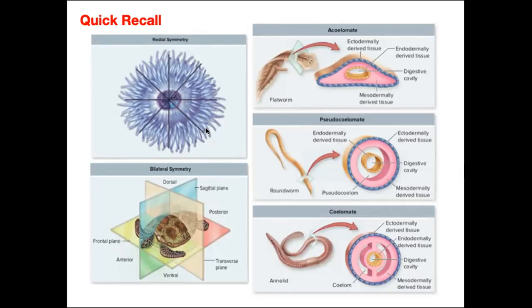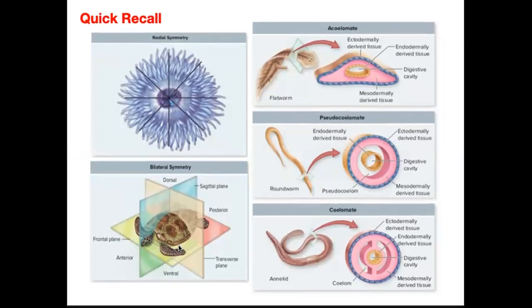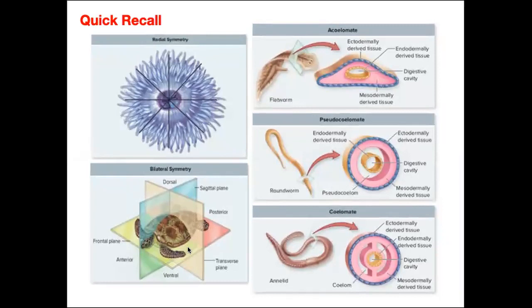So kahit saan mo siya hatiin, as long as equal yung parts, you will still get equal halves. Bilaterally symmetrical animals naman, like yung pagong natin dito, can only be bisected into equal halves in only one plane. We call it the mid-sagittal plane, and it will give you mirror images. Okay? So dapat klaro na yan sa atin.